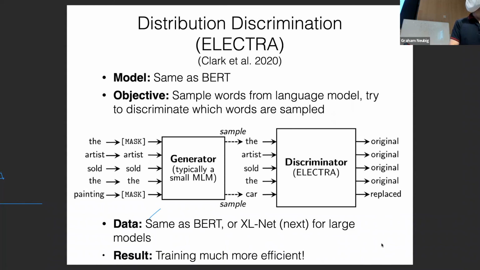One thing they found was that training this model was much more efficient than training BERT. One reason is that BERT only calculates the loss over the sampled 15% of the words, whereas this calculates the loss over every single word in the sentence, so it's not throwing away most of the words.